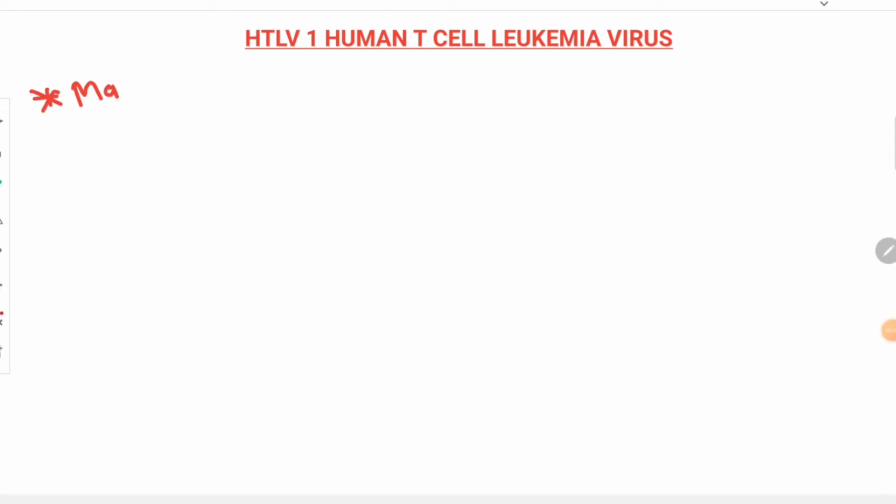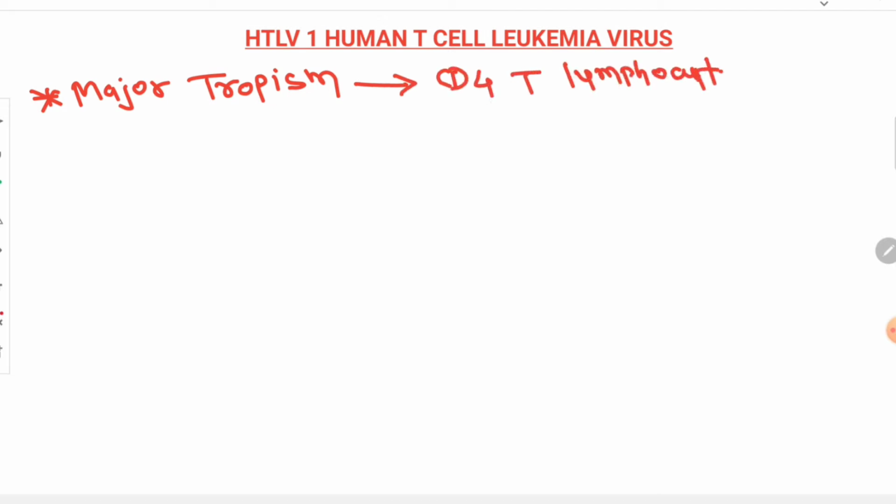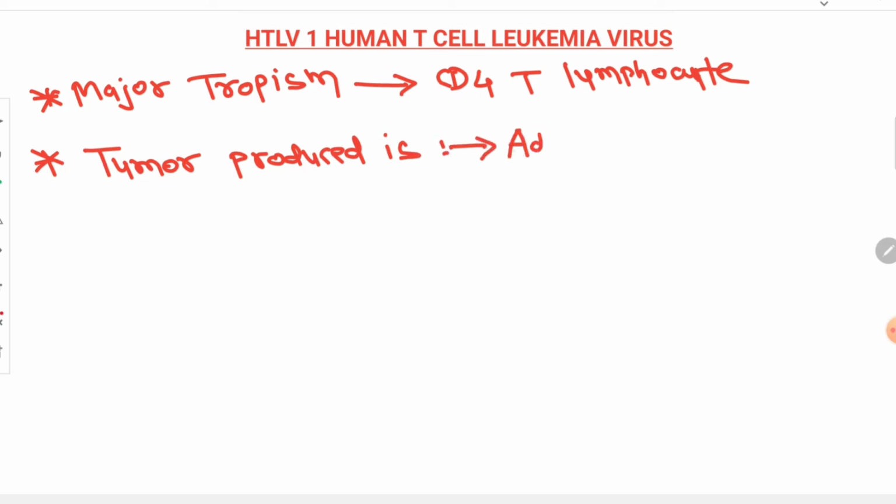First let's discuss HTLV-1, human T cell leukemia virus. This virus has tropism for CD4 lymphocytes, and it can lead to the development of adult T cell leukemia or lymphoma.